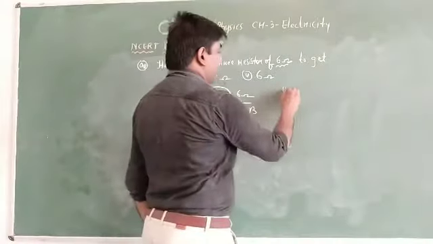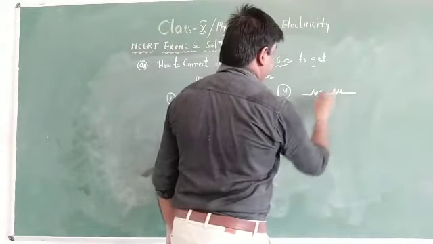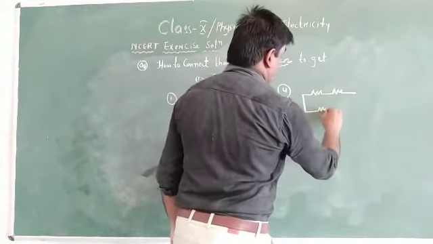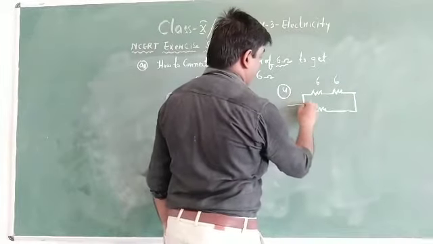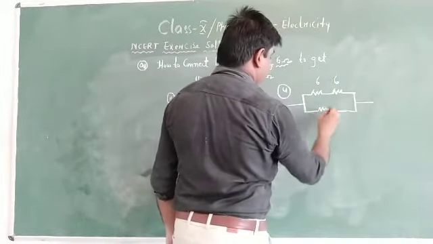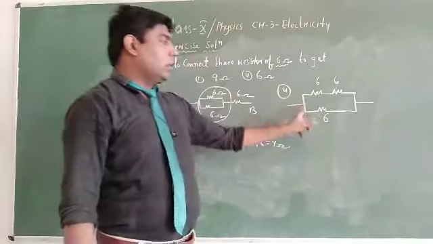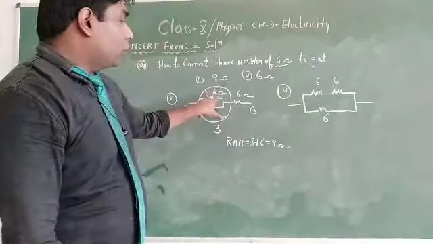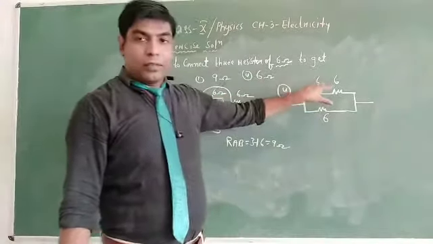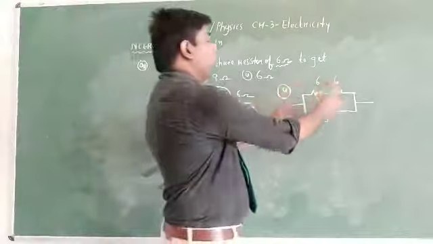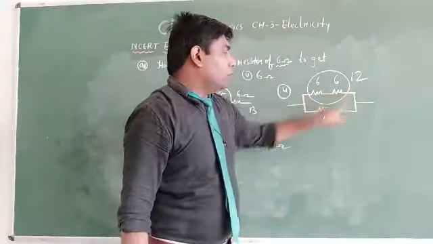Second case. So here what we are doing? Two are connected in series and the third is connected in parallel. Here two were in parallel, third was in series. But here the first two are in series and the third is in parallel with the other. So here it will be how much? 12 and 12 is in parallel with 6.